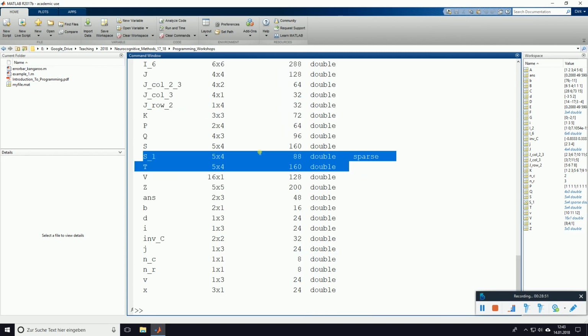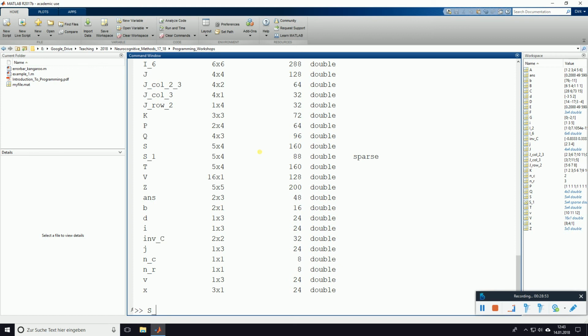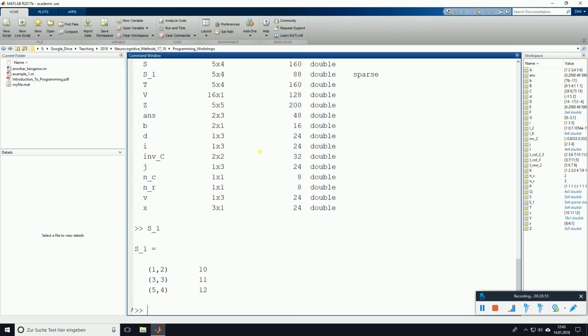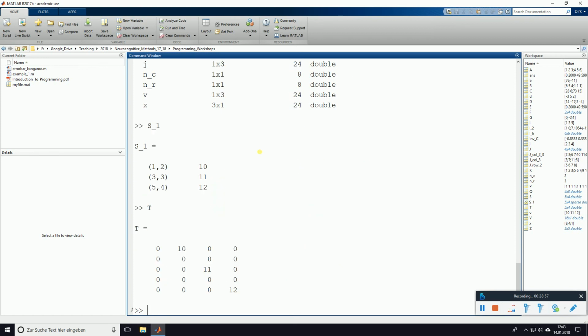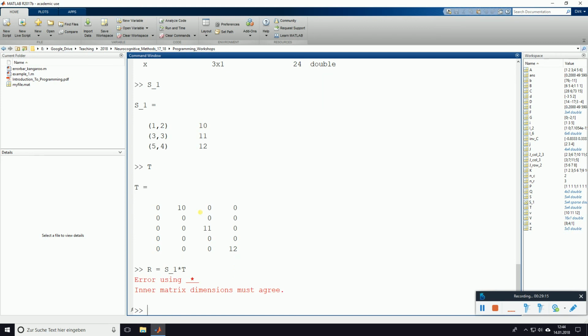So if, for example, you have S1, which is a sparse matrix, you have T, which is a full matrix, and you want to multiply them, then you can just do that basically by conceiving of S1 as a normal matrix.